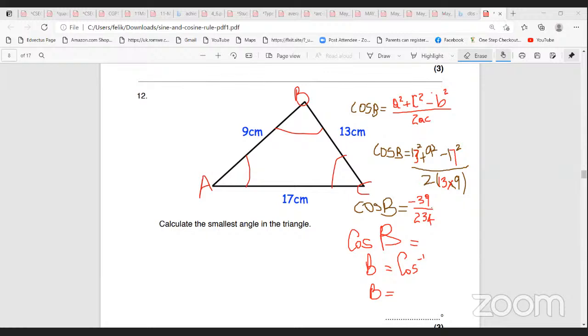All right, so you got negative, so it's okay getting the negative here, right? So you got negative 39 divided by 234, and that gives you negative what? 0.29. Check that again. Negative 39 divided by 234.